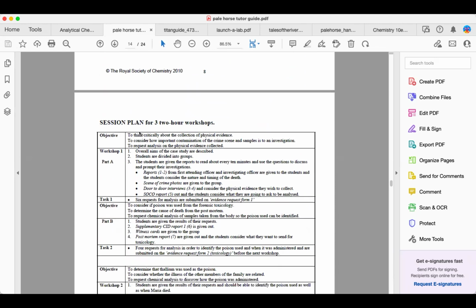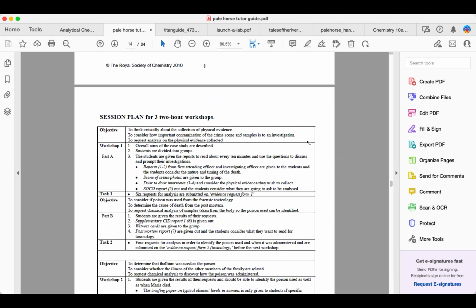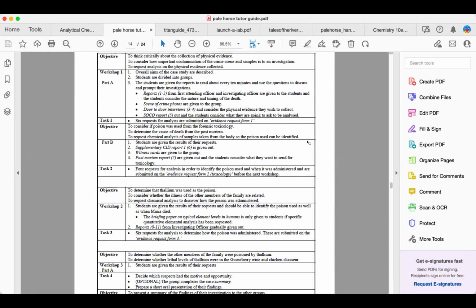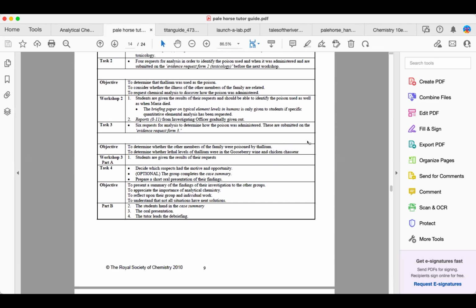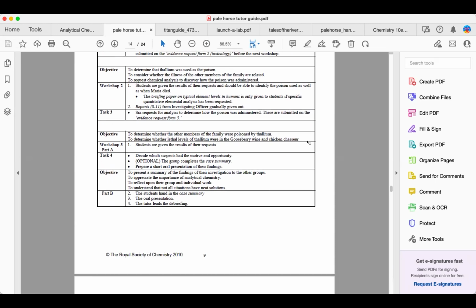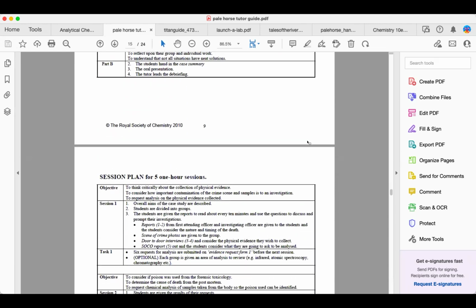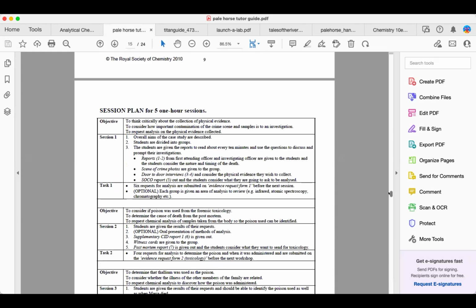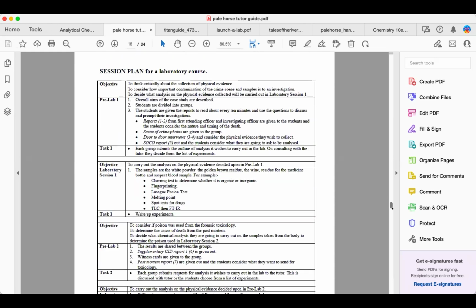This is also another very good practical, about the collection of physical evidence. I think we have also discussed this during the first discussion class. Let's move faster. How does it look?